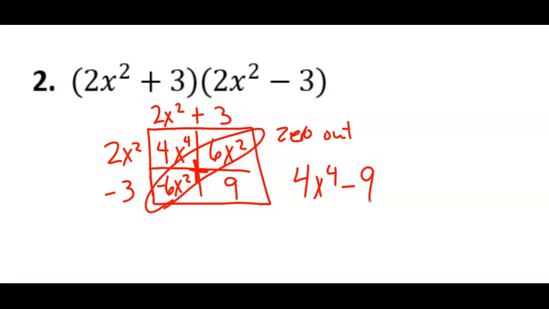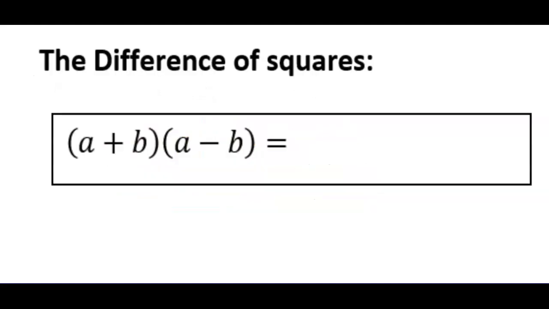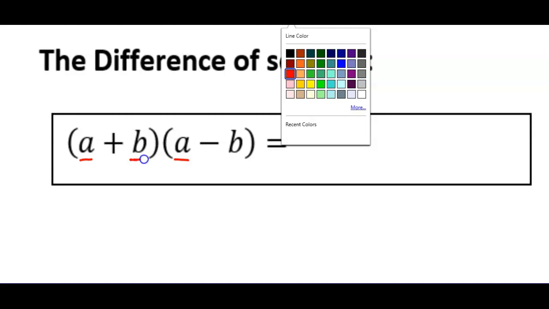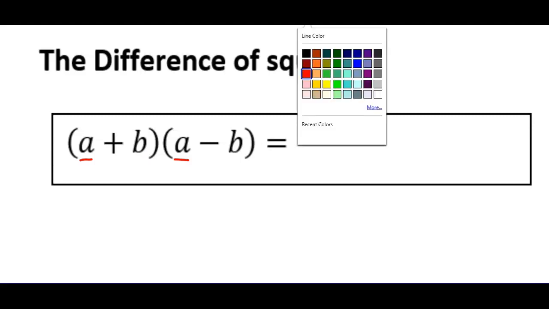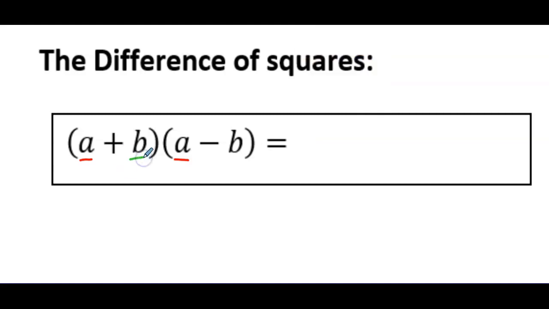Would you like an easier method? I always like easier methods, and I know you guys do. So here's a rule. The difference of squares: if you have a, and they're the exact same number and variable, and to that you are adding b, and this is a plus sign and this is a minus sign, or vice versa.